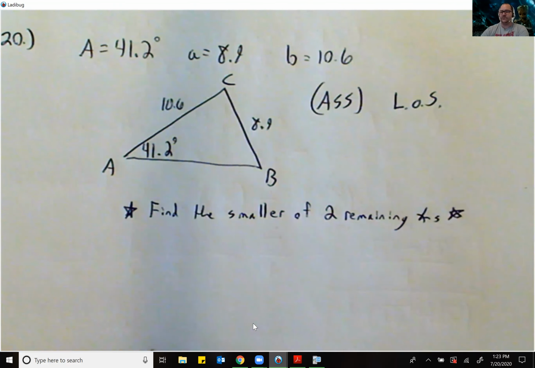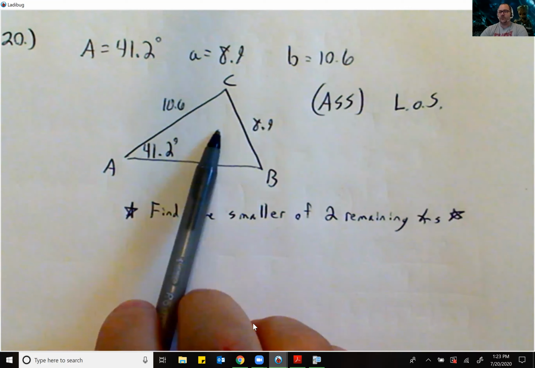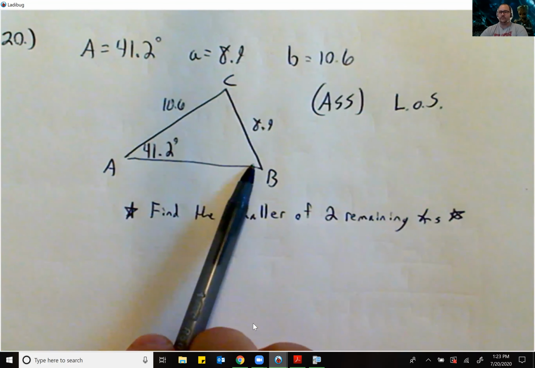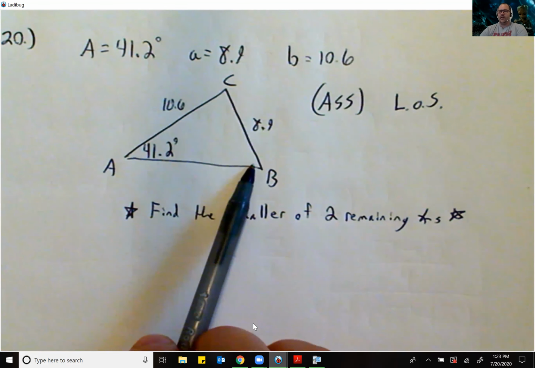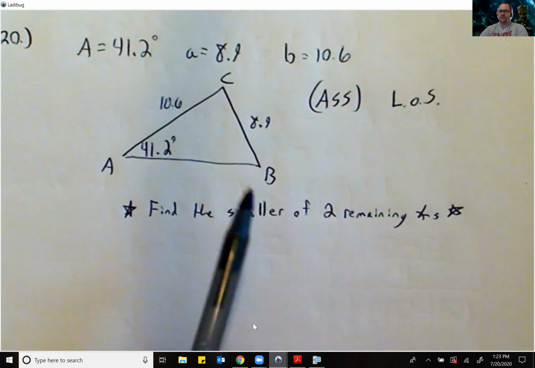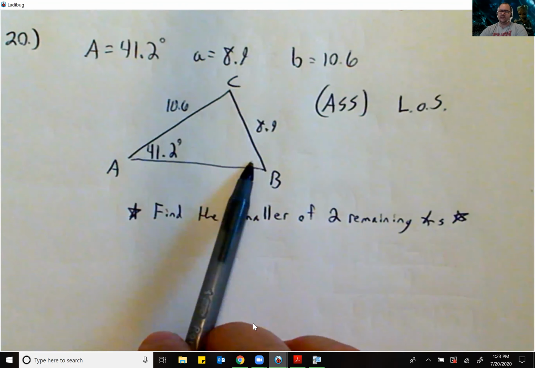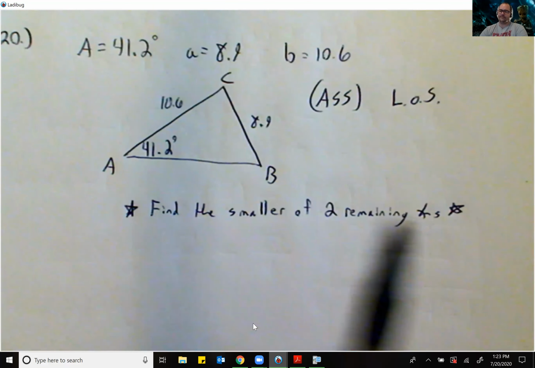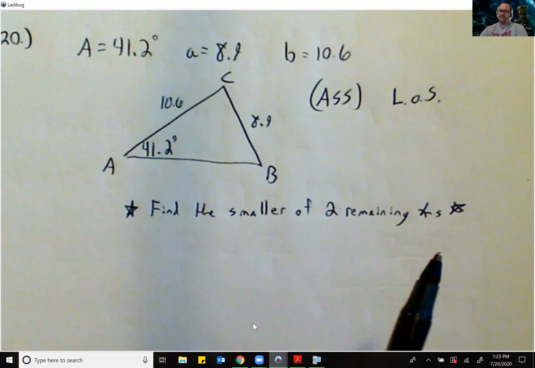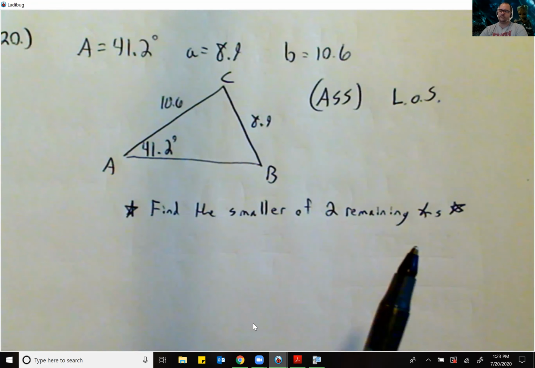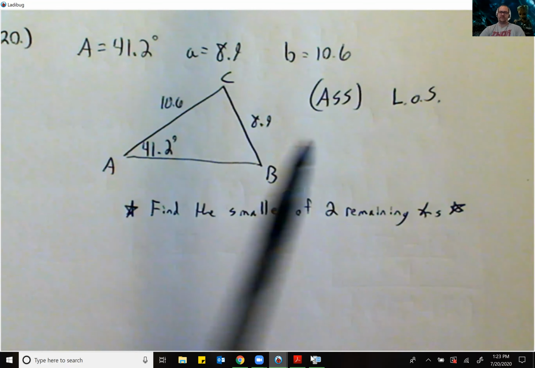So between these two, C and B, which one is going to be the smaller one? Okay, and that answer should be B. Actually, wait a minute. Make sure I wrote this down correctly.